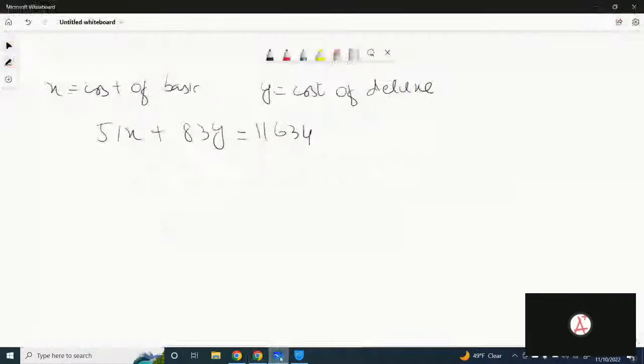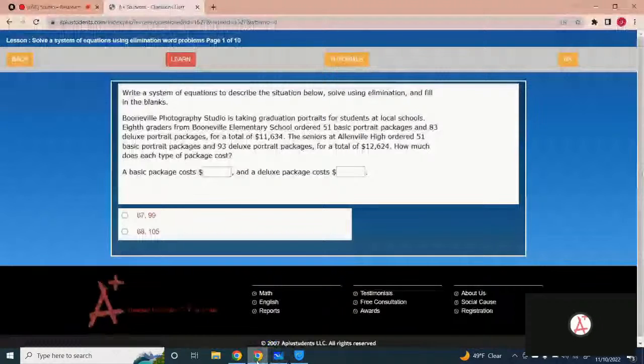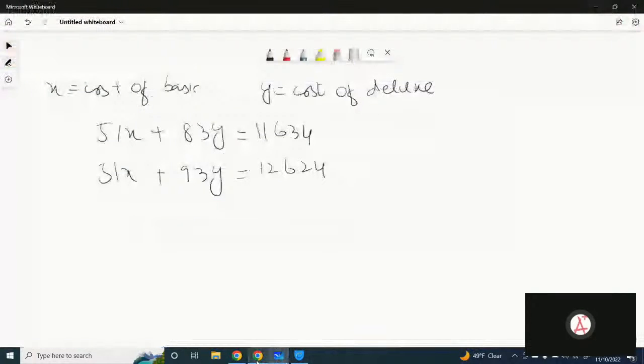It would be 51x plus 93y, and that equals 12,624.